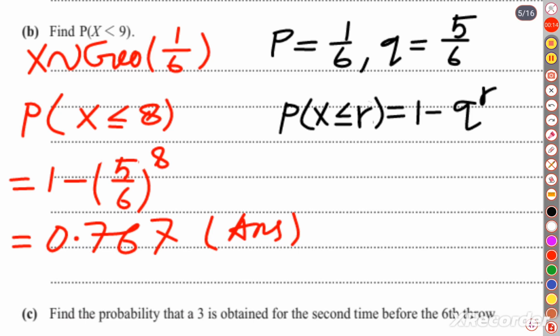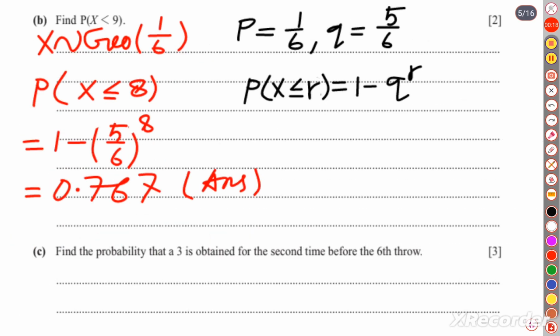Okay, let's see what the immediate next question says. The next question says, find the probability that A3 is obtained for the second time before the sixth throw. Yes, this is a twisted question, and remember, this is absolutely different from all of the previous solutions.